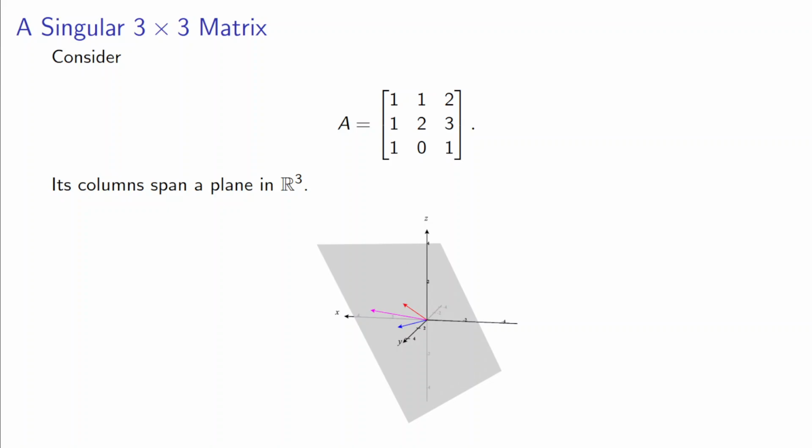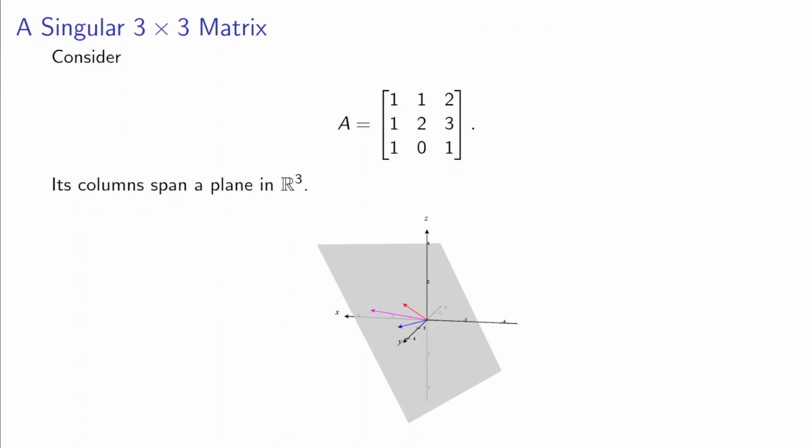Let's take a look at a 3 by 3 example. In this example, we've got the matrix A. If we were to compute the determinant of this matrix, we would find that it is equal to 0 as well. We can see the columns of that matrix shown in this picture below, and we would be able to show, as you're seeing in the image here, that these columns span a plane in R3.